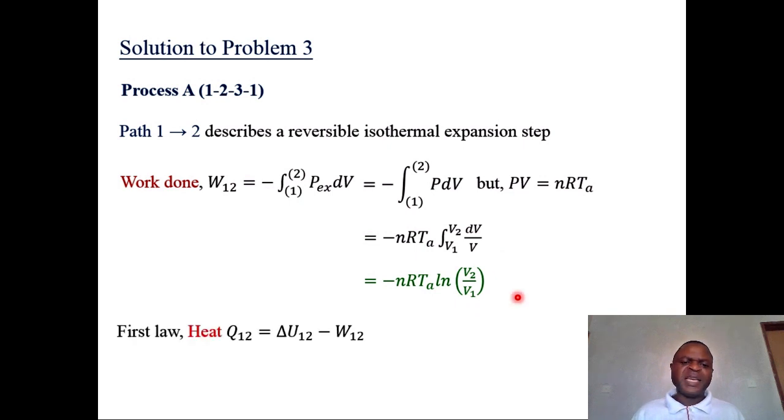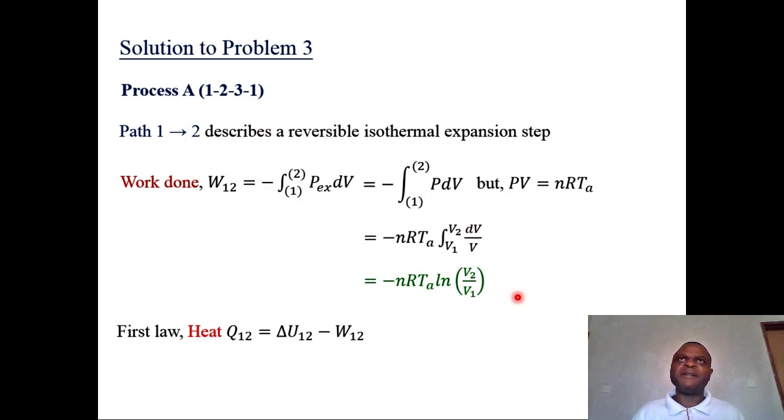Then let's look at the heat absorbed or released from path 1 to 2. We can use the first law of thermodynamics. So we say delta U is equal to Q plus W. So Q is equal to delta U minus W at path 1 to 2.